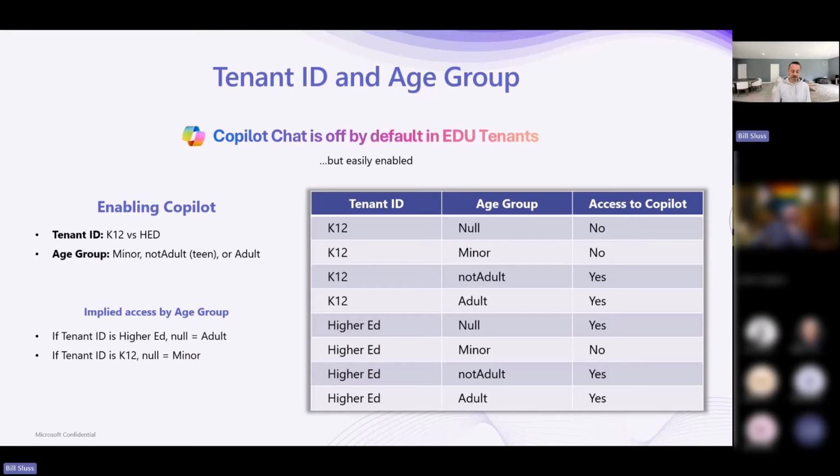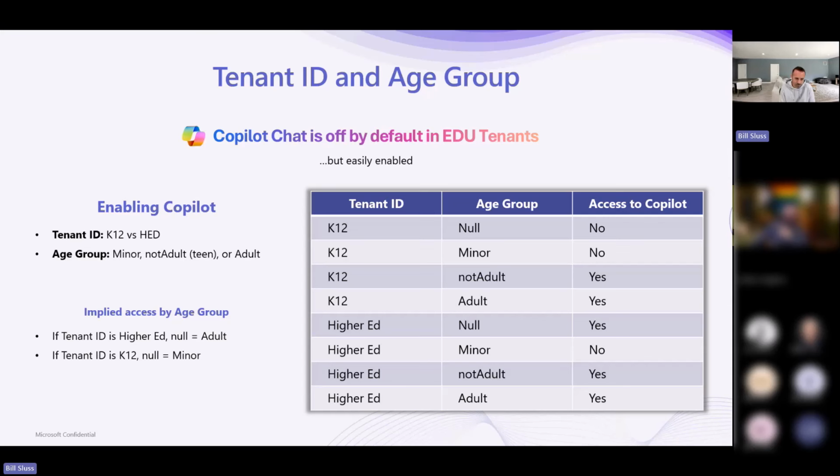And so you actually don't have to take the additional step to go through and set that age group. We highly recommend it because we're going to add more capabilities that leverage that age group to customize and tailor the experience. But if you have a higher education tenant and you set that tenant identifier, the inference is that all of those students are adult.